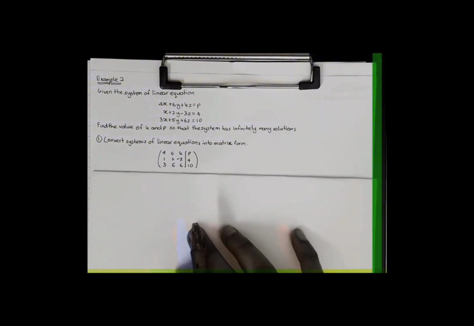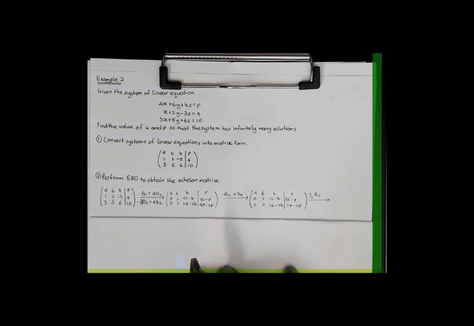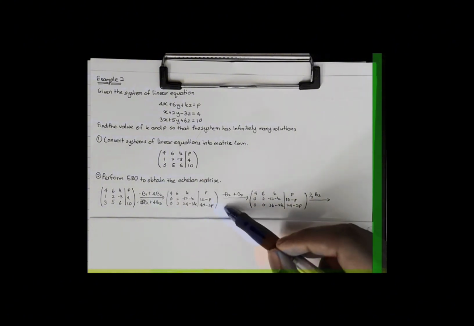After we have done this, now we will perform ERO to obtain the echelon matrix. First of all, we will do negative R1 plus 4 R2, which is negative row 1 plus 4 times row 2, and we will also do negative 3 row 1 plus 4 row 3, and this is what we will get.